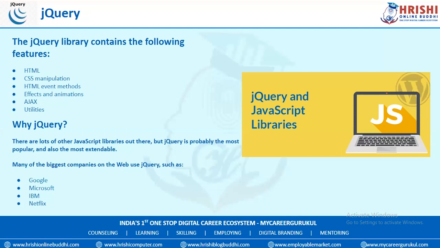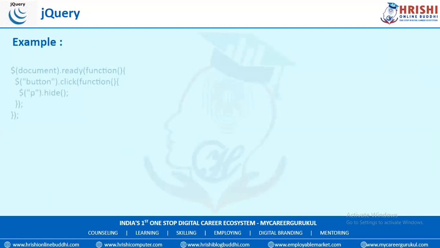So you can imagine that these multinational companies use jQuery, so the most popular and most effective features will be contained in this jQuery library. Then let's move to the example.